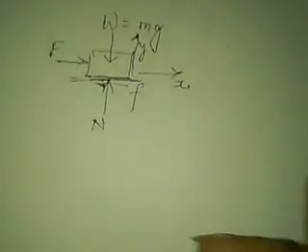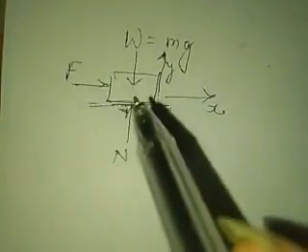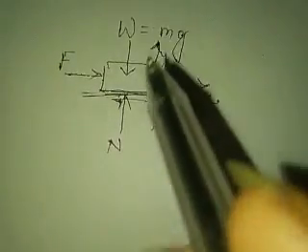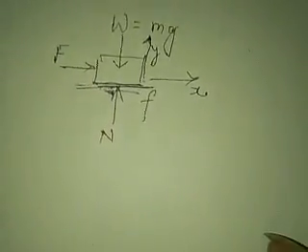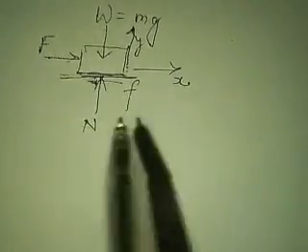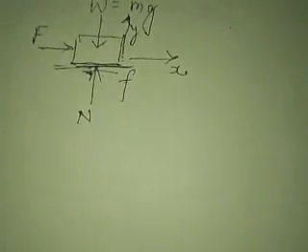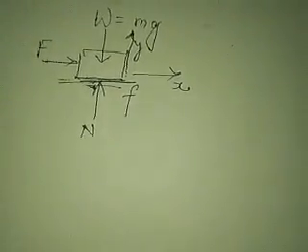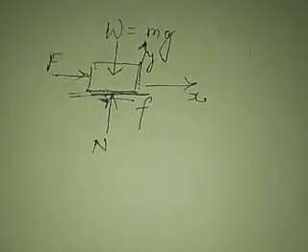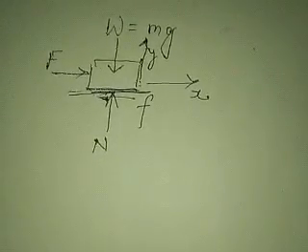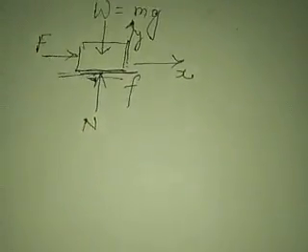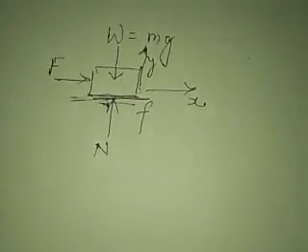So we are saying that this object is not moving in the x direction, neither is it moving in the y direction. It means all these forces, W and this small f, this capital F, are in a balanced state, and that state of balancing these forces is the equilibrium state. What is that? Equilibrium.